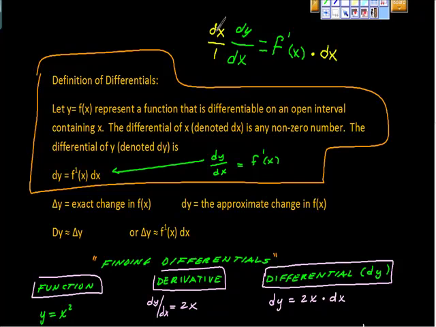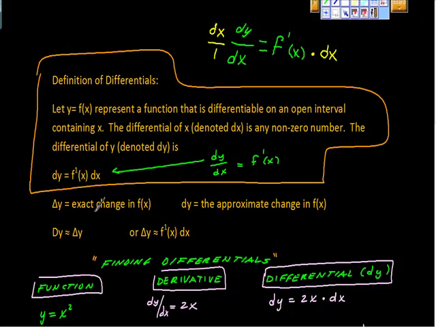So dx in the numerator cancels out dx in the denominator, they go to 1, and then I multiply the other side by dx using the multiplication property of equality from algebra. Again, this should not be a big surprise. It looks kind of cool here, but it's not a big deal. It's just some simple algebra. Remember that the change in y over the change in x is equal to f prime at x.